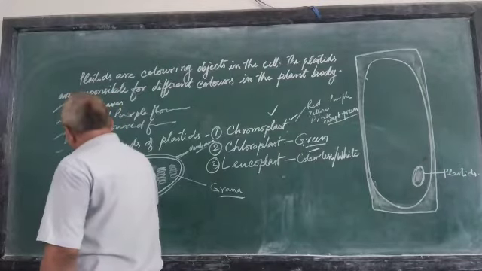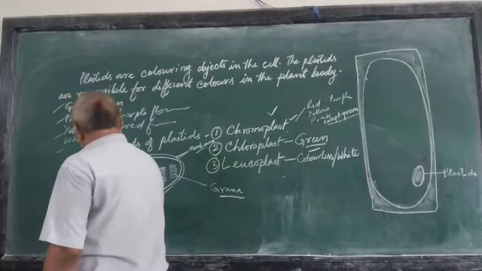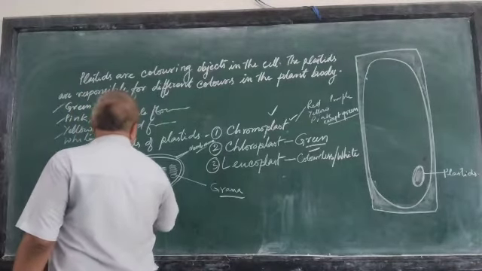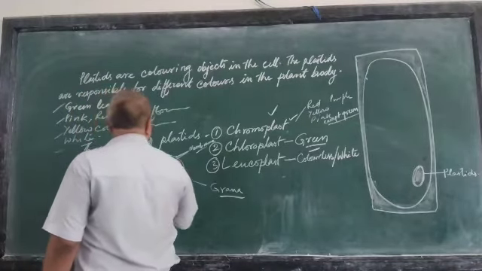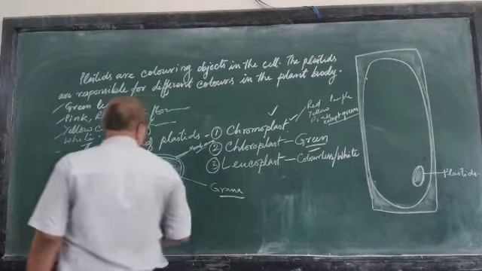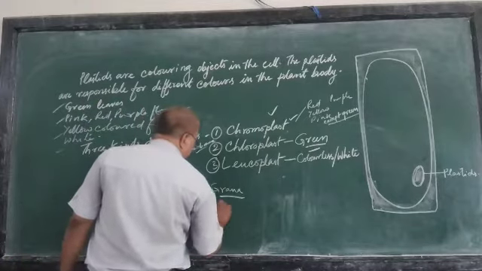This whole structure is packed. This packing of ground material in this organelle or this part of the cell is called stroma.